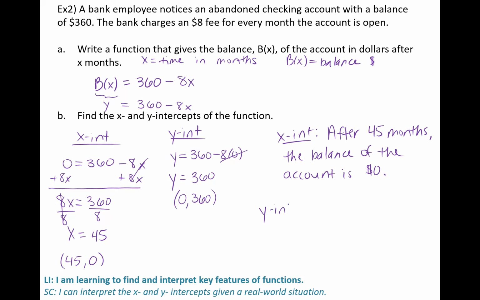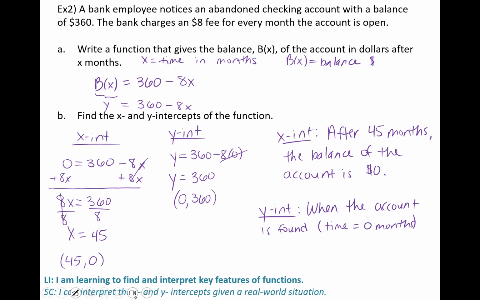Then interpreting the y-intercept, I would be doing the 0, 360. The 0 for my x, in this case, is time. So it's at the beginning. In this case, the beginning of my situation is finding the abandoned checking account. So I might say something like, when the account is found, time equals 0 months, something like that.